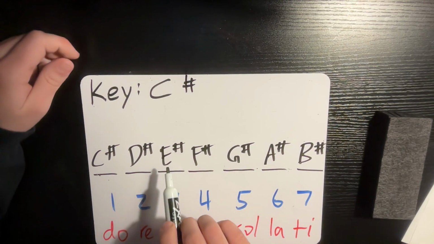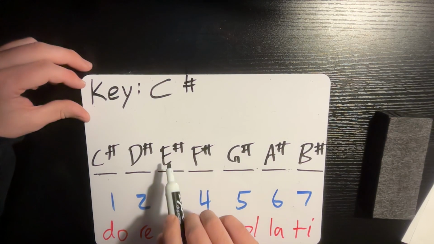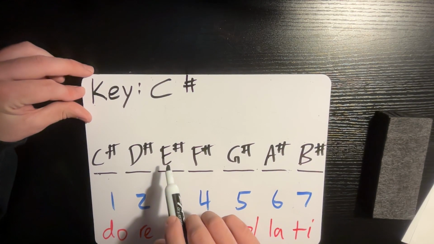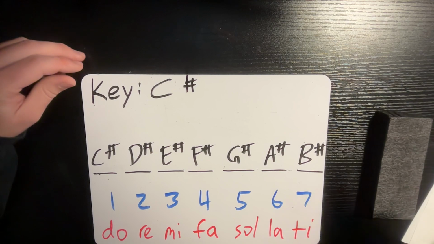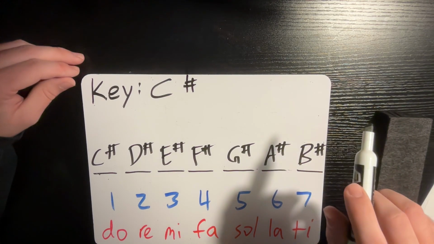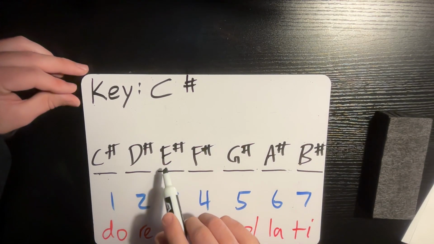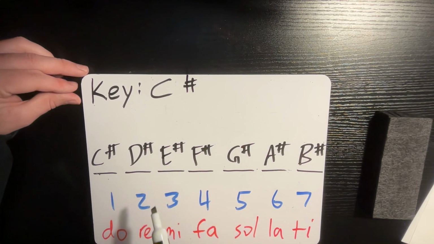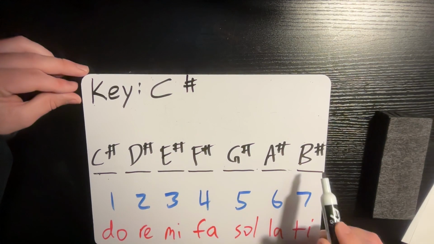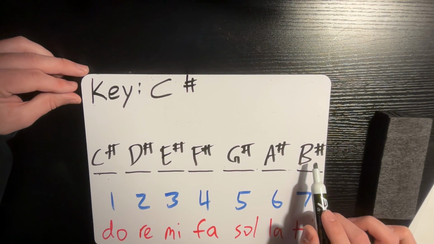Just like in the key of F sharp major, E sharp is played with the same key on the piano keyboard as the note F, but it has to be named E sharp. The note name is E sharp in that scale. Same goes for B sharp in this scale.